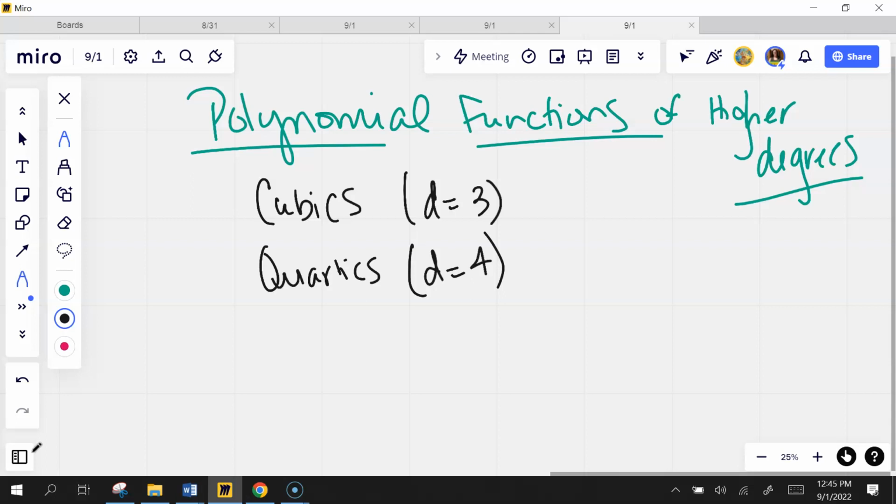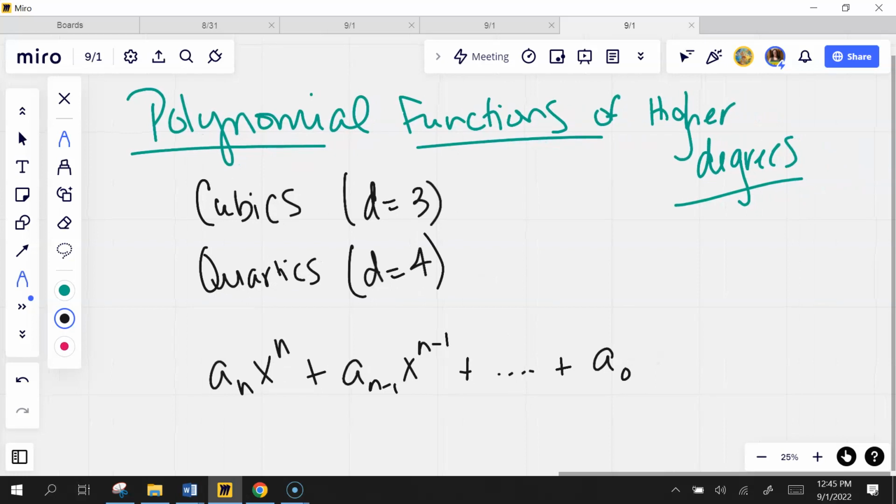When we're written in standard form, remember that funky way we wrote them? A sub n x to the n plus a sub n minus 1 x to the n minus 1 plus, and so on. This is section 2.3.